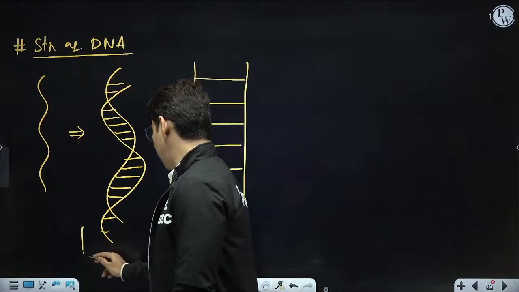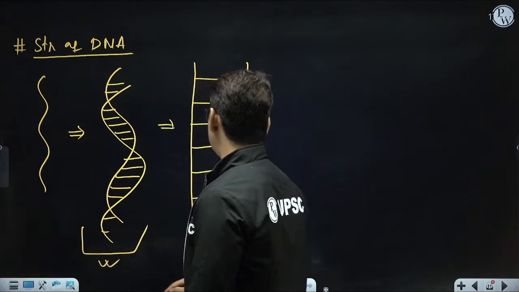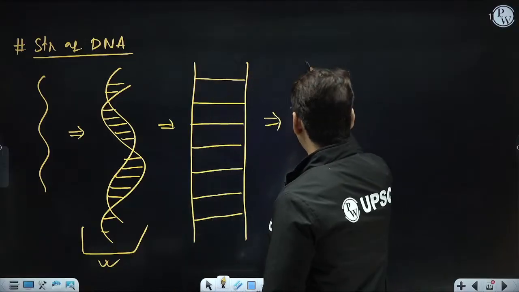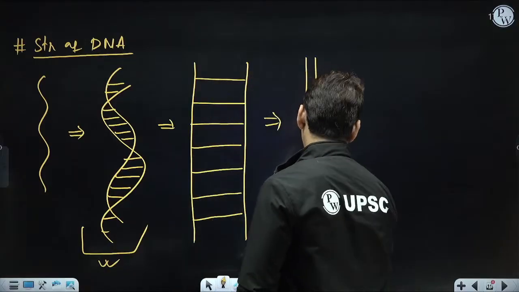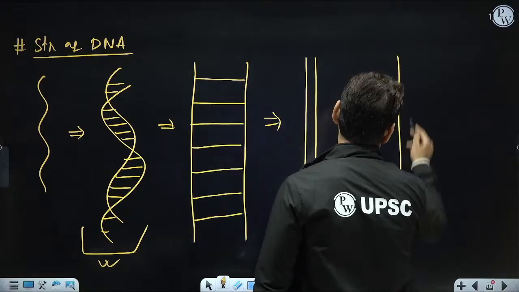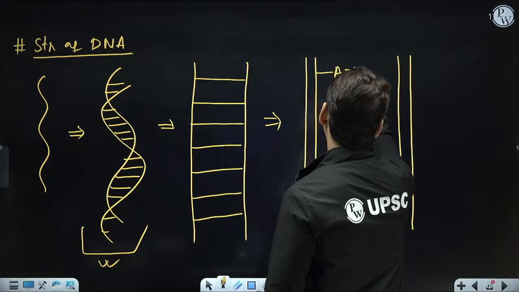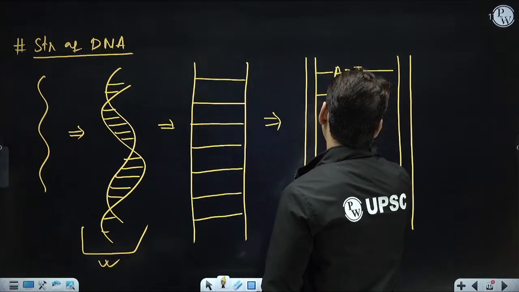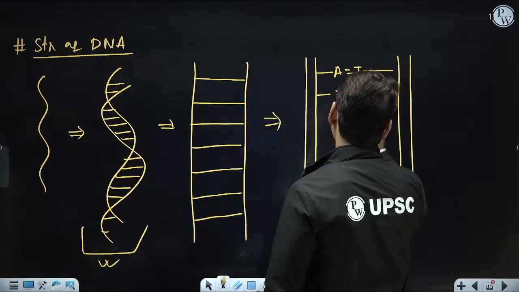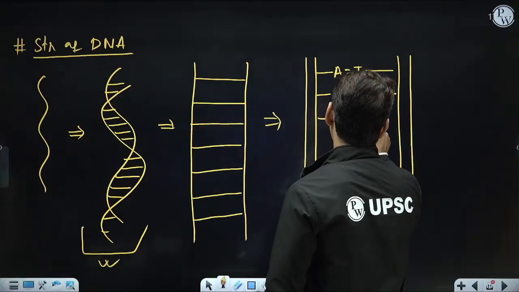Although this is a real model, this is a real one. And if I make it even bigger, it is going to look like this. And there would be adenine, double bond, thymine. There would be thymine, double bond, adenine. There would be guanine, triple bond, cytosine.